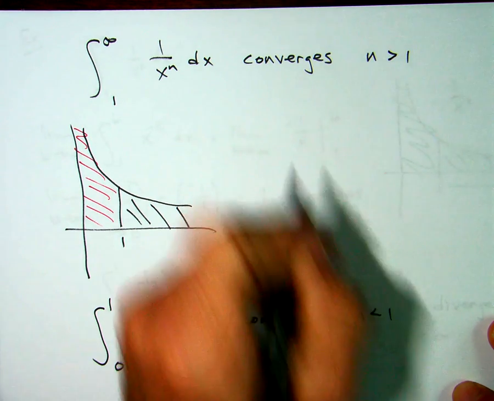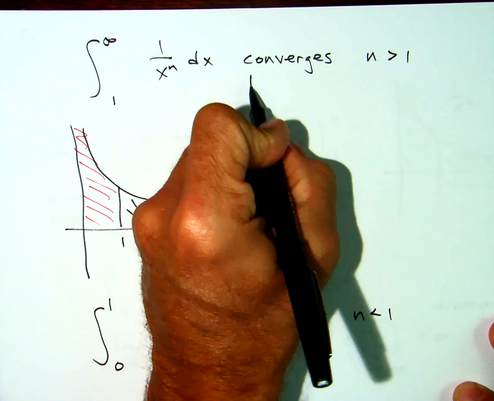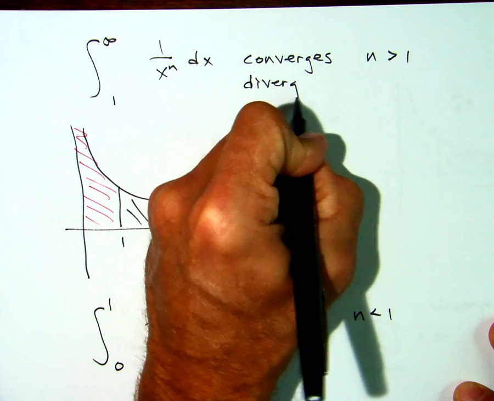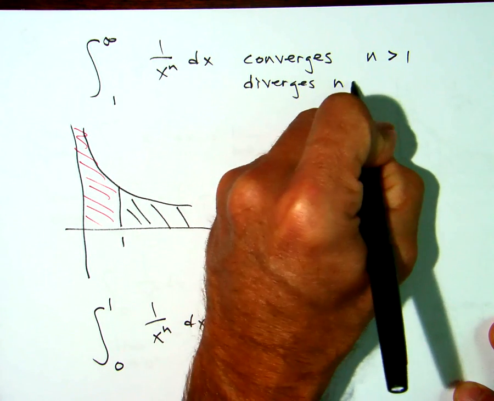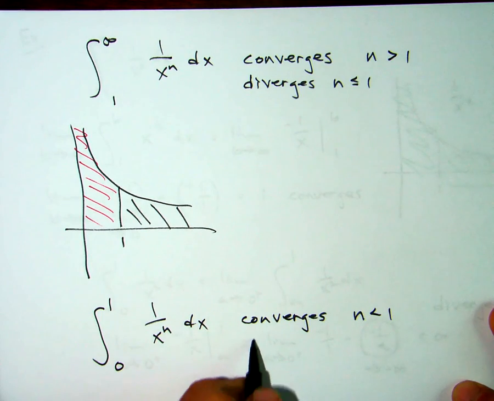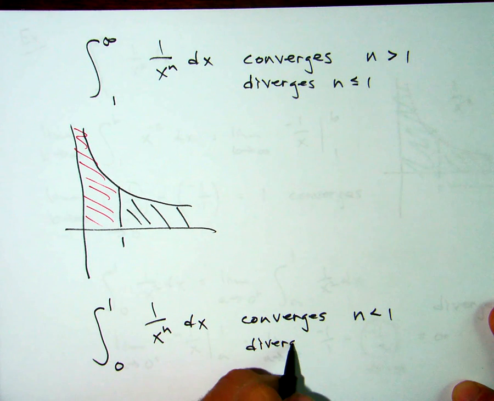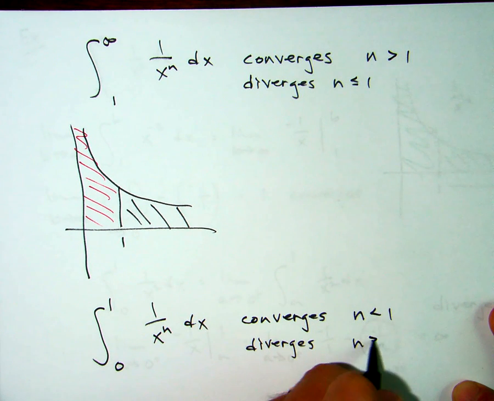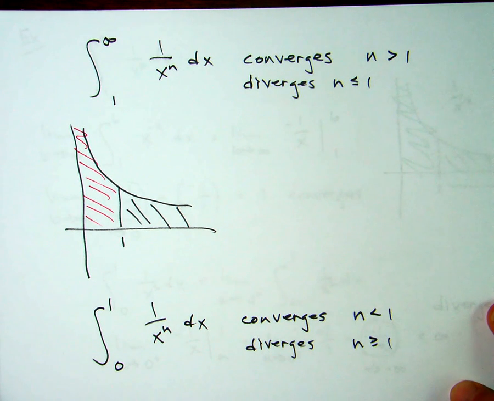And I should say, this diverges when n is less than or equal to 1, and the other diverges when n is greater than or equal to 1. So as I said before, 1 over x gets left out of both. It diverges regardless. But in other cases, it could converge. We could have a finite area.